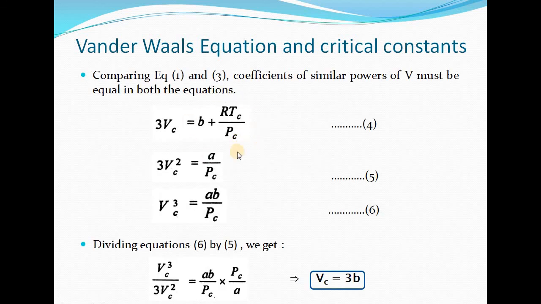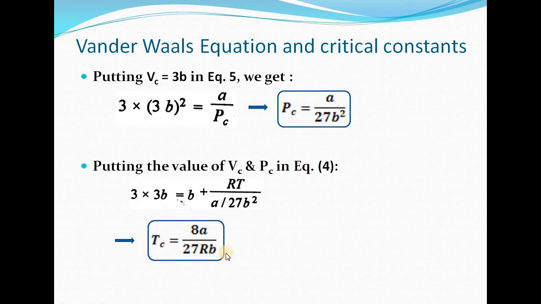Now to calculate the value of Tc in terms of A and B, we put the value of Vc and Pc in equation 4. So we get Tc is equal to 8A by 27RB. So these are the expressions of critical constants of a gas in terms of van der Waals constants.